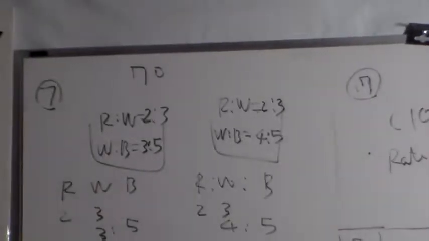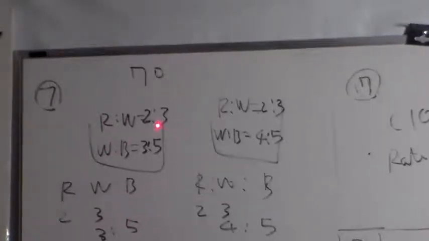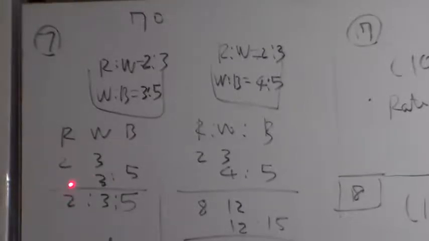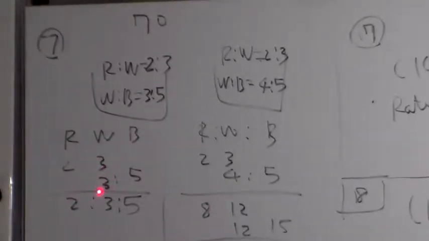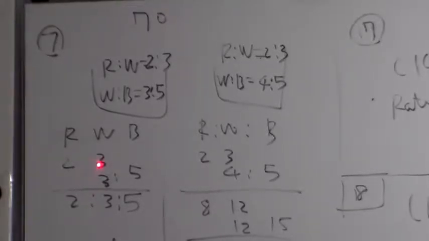Jar A has red and white ratio 2 to 3, and the white and blue is 3 to 5. So we have to figure out red, white, blue all together. White is the same number in both, so it's going to be very easy.